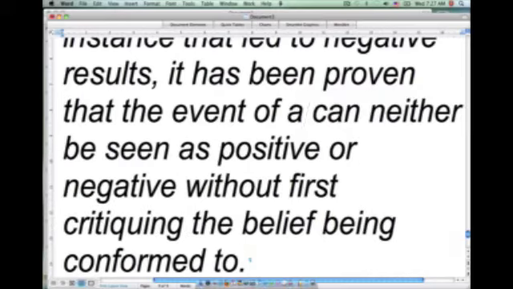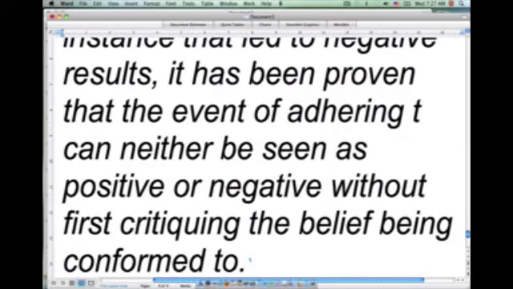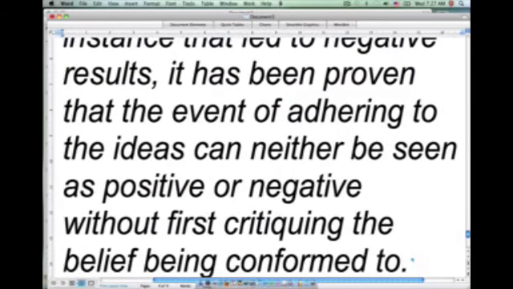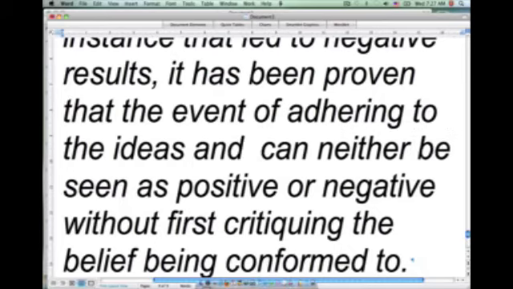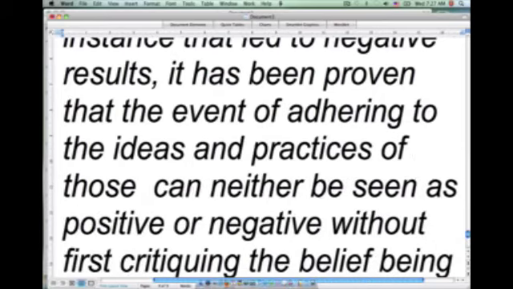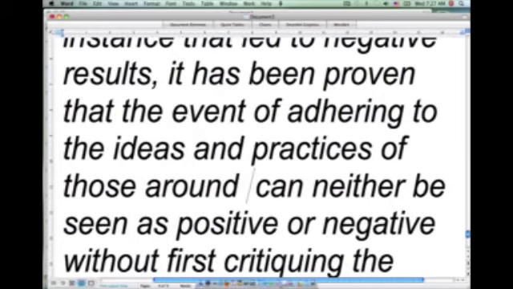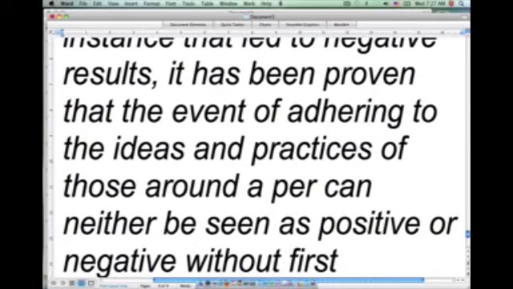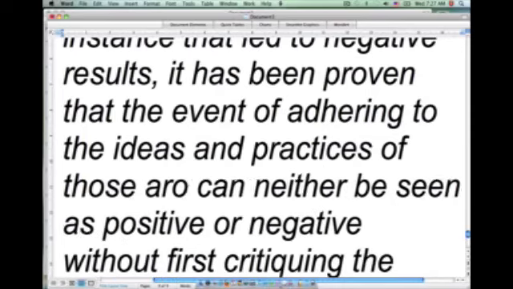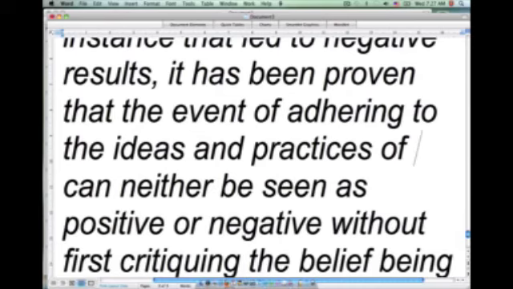So, the event of adhering to the ideas and practices of those around a person, the practices of others. Okay.